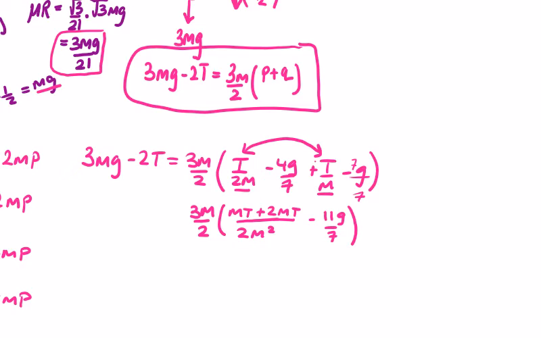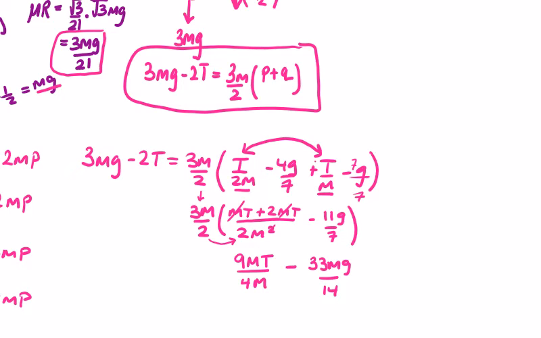If I multiply this out, let me make this simpler, I can divide each of these terms by m. So 3m by 3T is 9mT over the denominator 2 by 2m, which is 4m, minus 3m over 2 by 11g over 7, so that's going to be 33mg over 14.